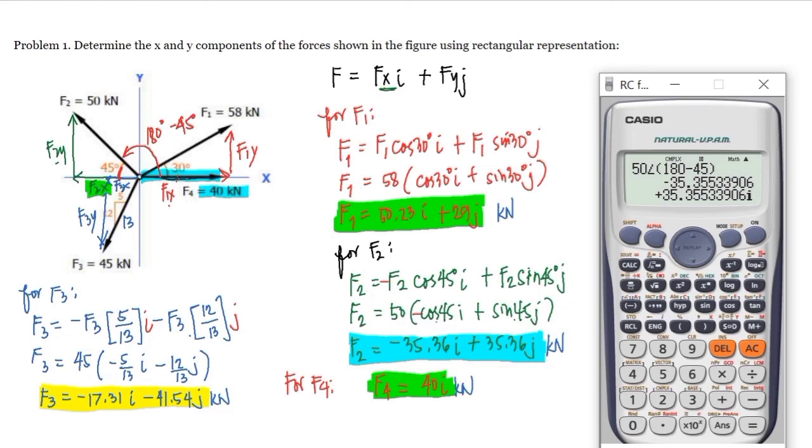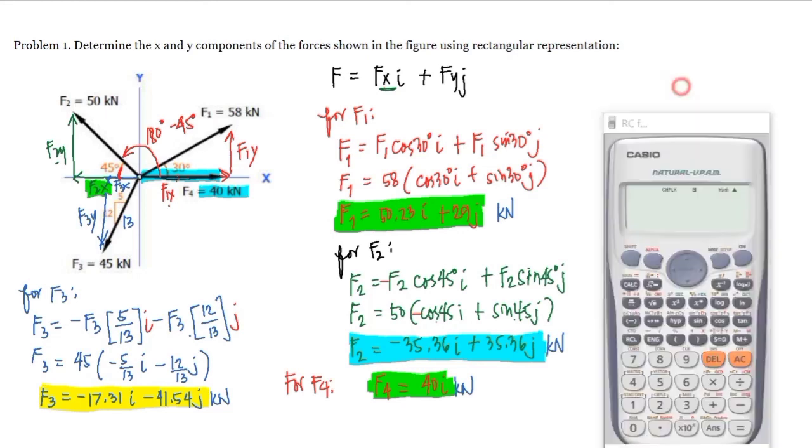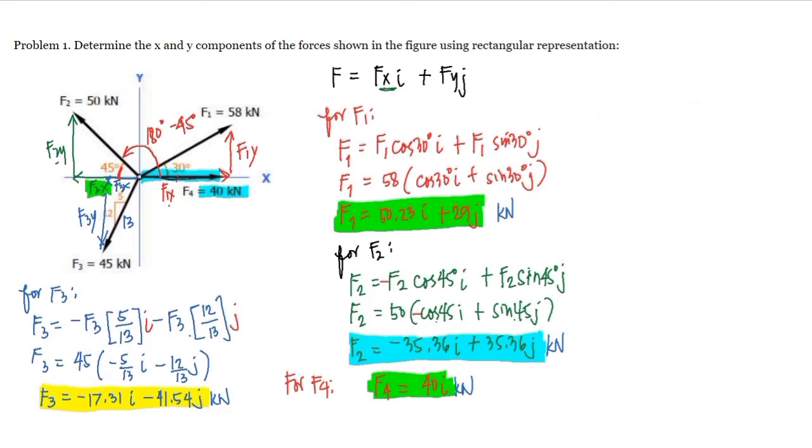How about for force 3? For force 3, we cannot directly use this since force 3 is expressed in terms of the slope. So the first thing that we are going to do is to express this in terms of the angle. If we are going to compute for the angle, since we have here angle theta, the opposite is 12 and the adjacent is 5.